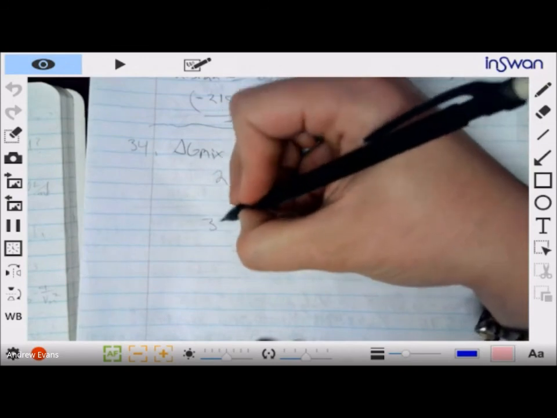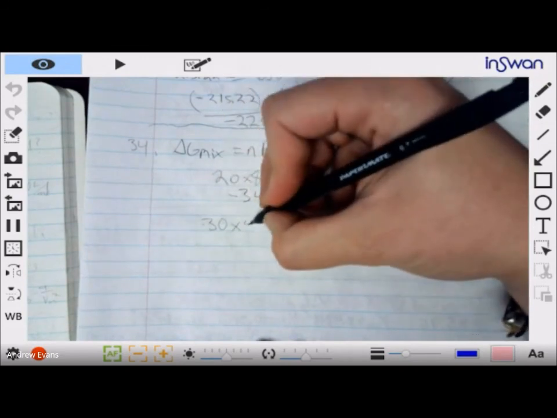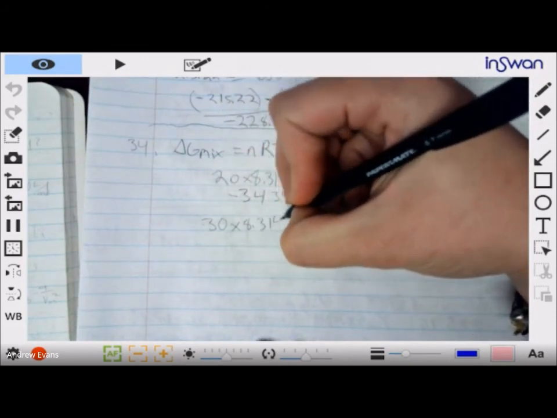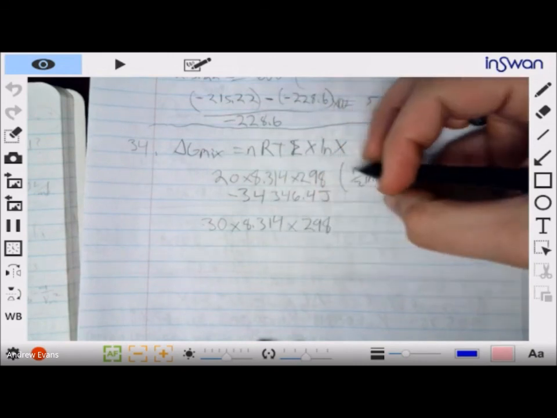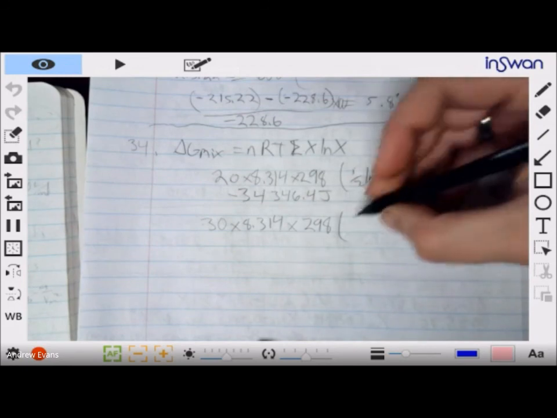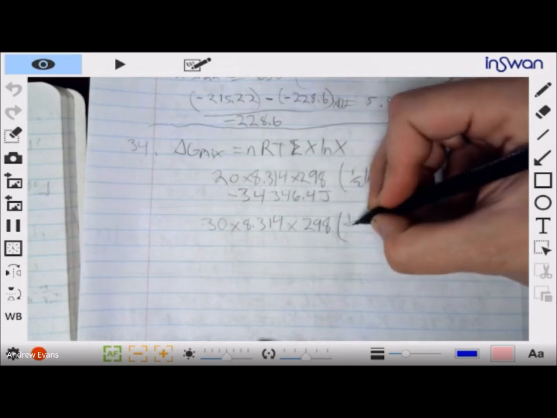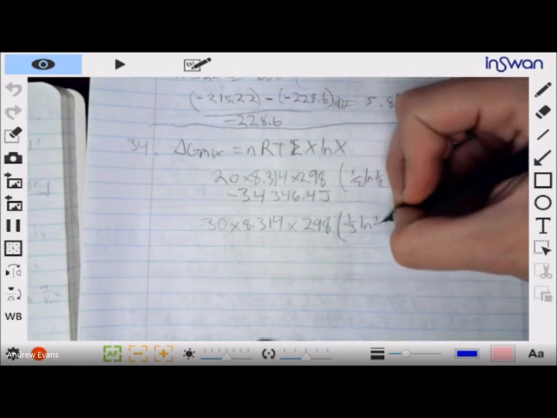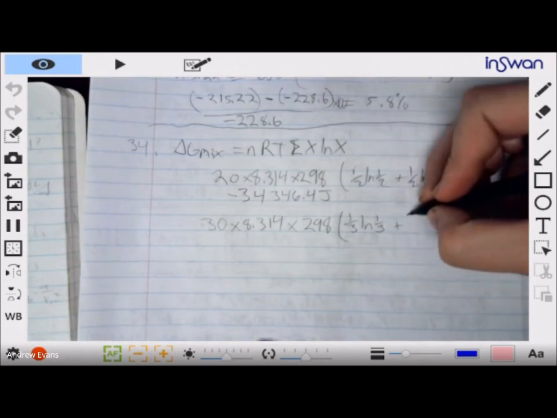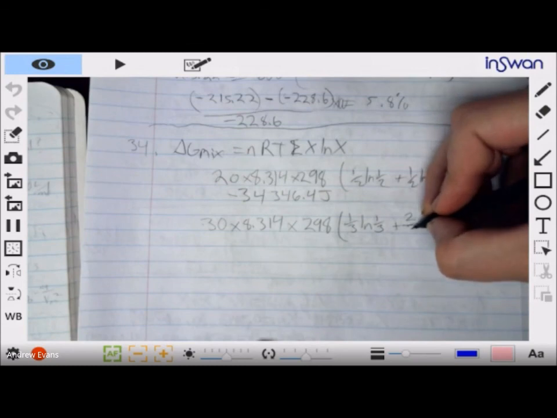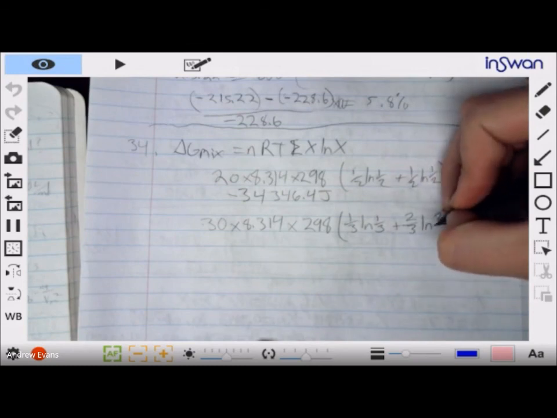Now, our second situation. We have 30 moles total. So it's changed a little. 8.314 times 298. And so now our first gas is 1 over 3 ln 1 over 3, 10 over 30. The other one is 2 over 3 ln 2 over 3.